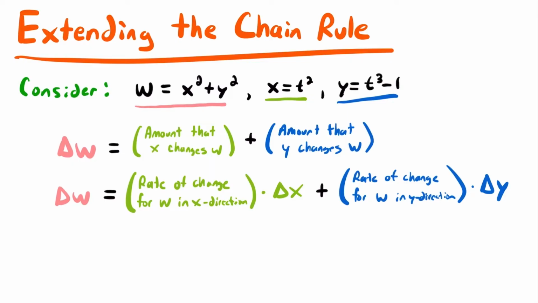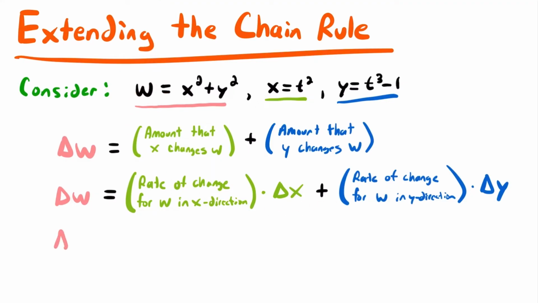A partial derivative of a multivariable function will give you the rate of change for that multivariable function, but with respect to just one of the variables, holding the other variable constant. The partial derivative with respect to x of a multivariable function gives you the rate of change for that function in the x direction, just like the partial derivative with respect to y would give you the rate of change for that function in the y direction. So each of these two rates of change could just be represented with partial derivatives, specifically partial derivatives of w.